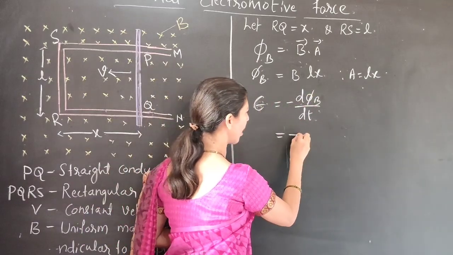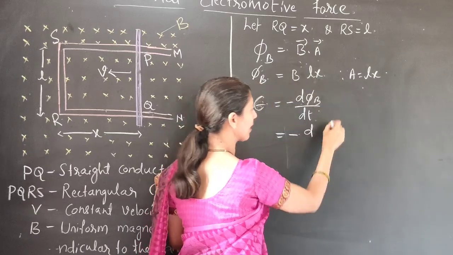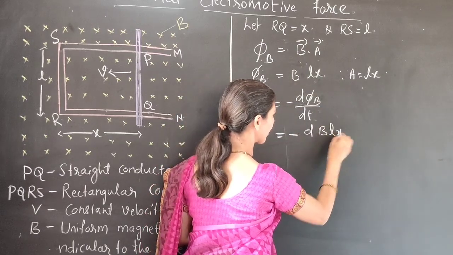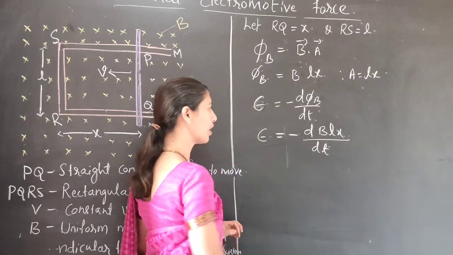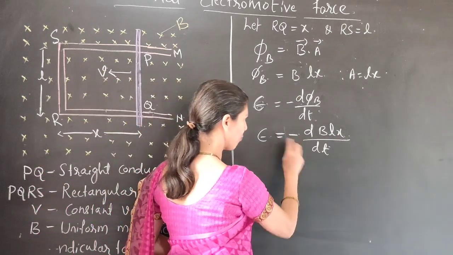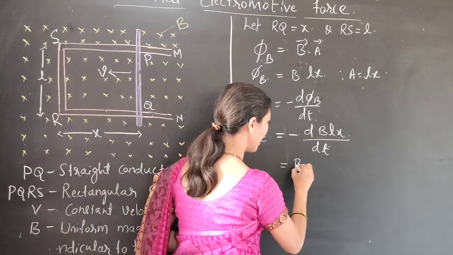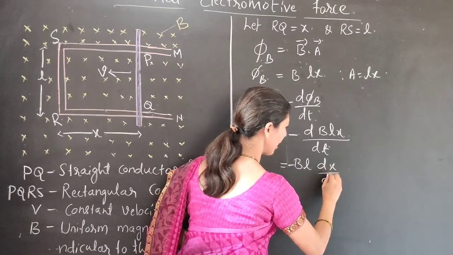This is equal to minus d(BLx) divided by dt. This is induced EMF E. Now, I will take this BL outside. It is BL times minus dx divided by dt.